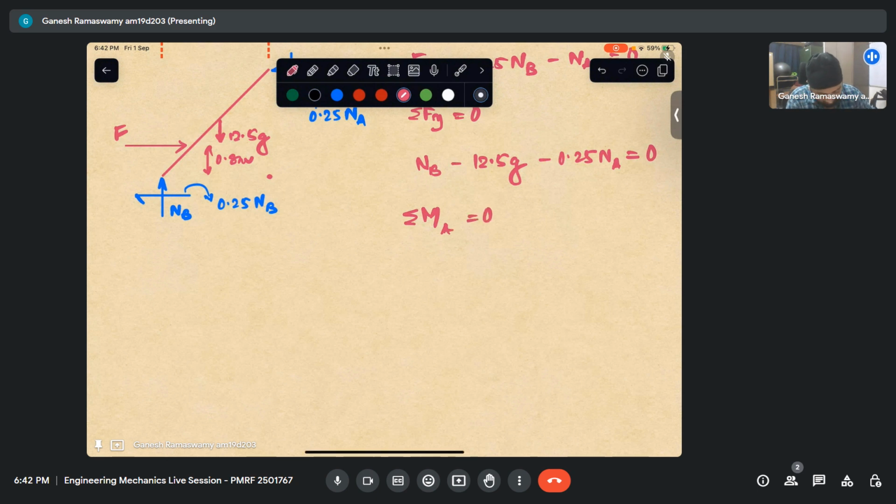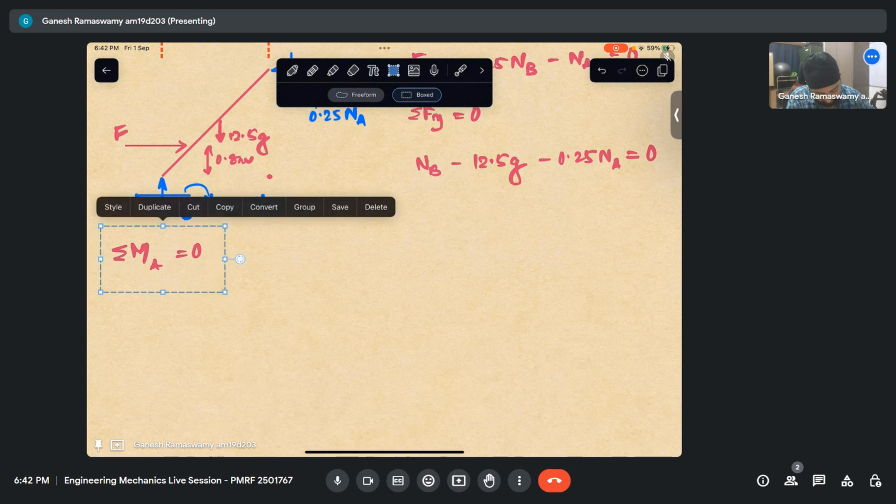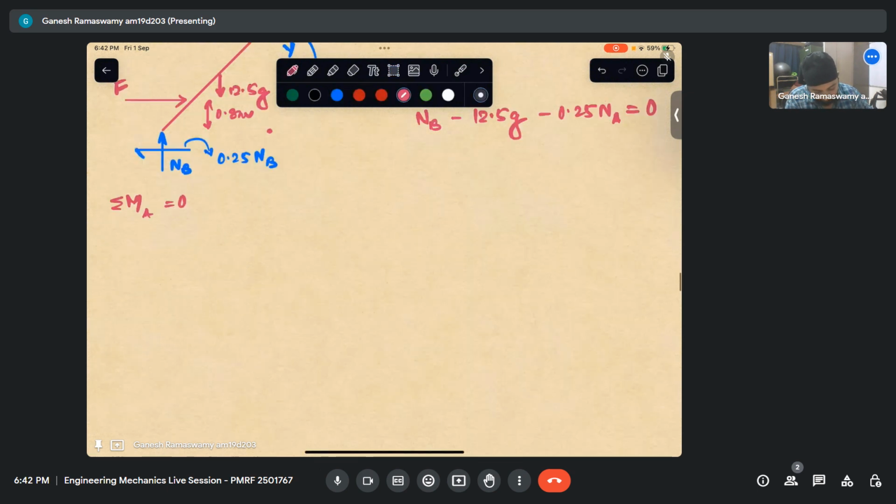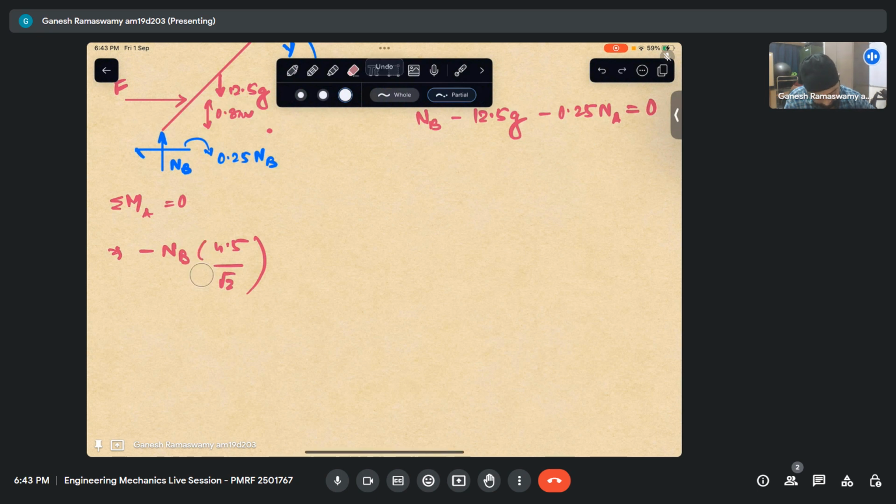So this gives me minus NB into 4.5 by root 2, because this is in the clockwise direction. And then I have the contribution 0.25 NB into this again.